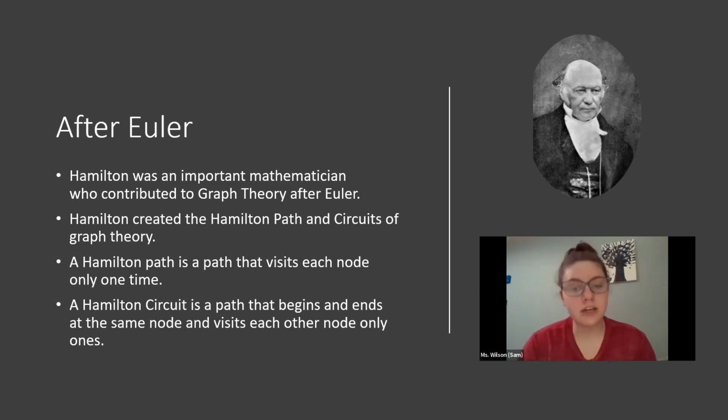A Hamilton circuit is a path that begins and ends at the same node and visits every other node only once. Using a similar example to the Euler circuit, if we are finding a Hamilton circuit and we start at node A, we will go to all the other nodes and return back to node A in the end.